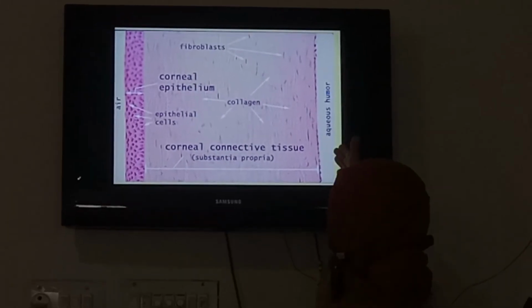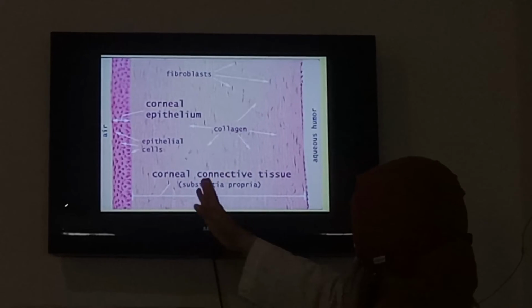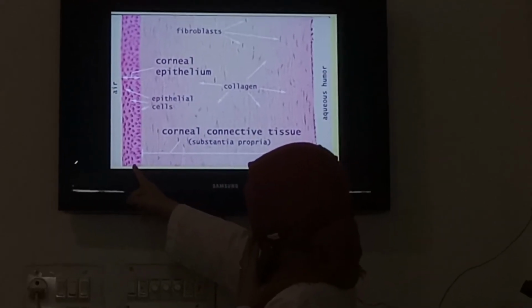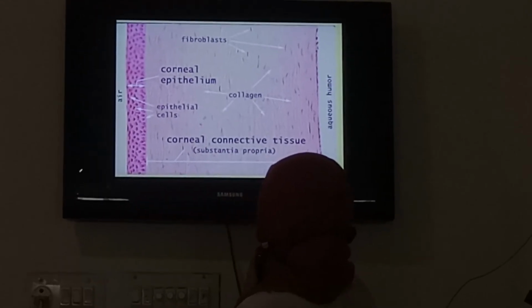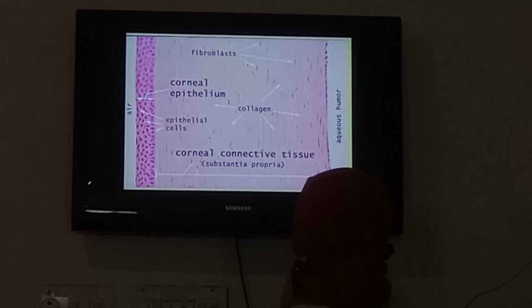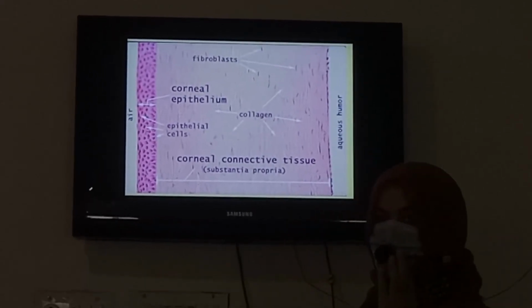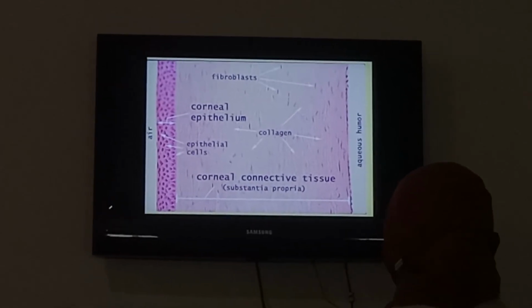Then comes definitely the aqueous. So the 5 layers, easy to remember. We have got the corneal epithelium, then Bowman's membrane, then substantia propria or stroma of your cornea, then Descemet's membrane or posterior limiting membrane. Then finally you've got the simple squamous. Okay.